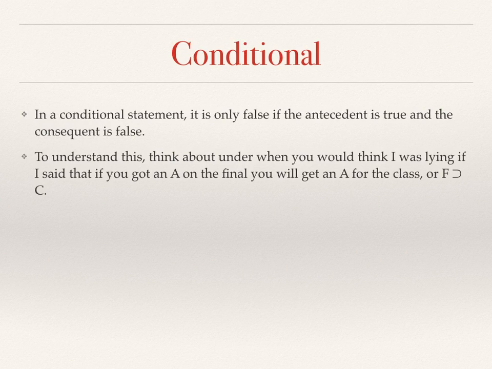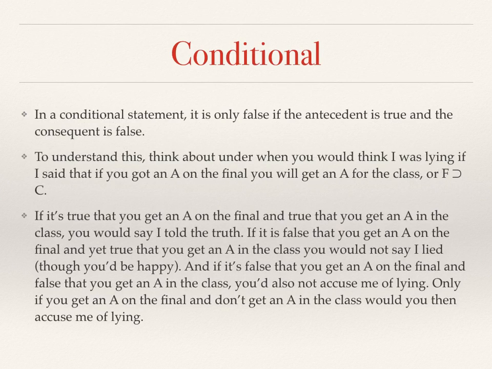Think about under what circumstances you would think I was lying if I said that if you got an A on the final, you will get an A for the class. Or, let's symbolize that as F for A on the final implies C, A in the class. So F implies C, okay?